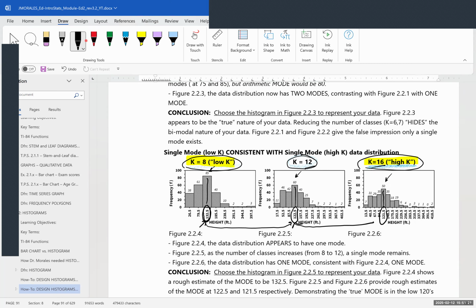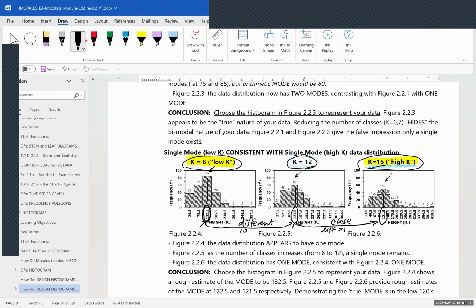So notice that these two values, 122.5 and 121.5, are pretty close together. Whereas 132.5 and 122.5 are quite different. This is a difference of 10, whereas over here, we have a difference of only 1.